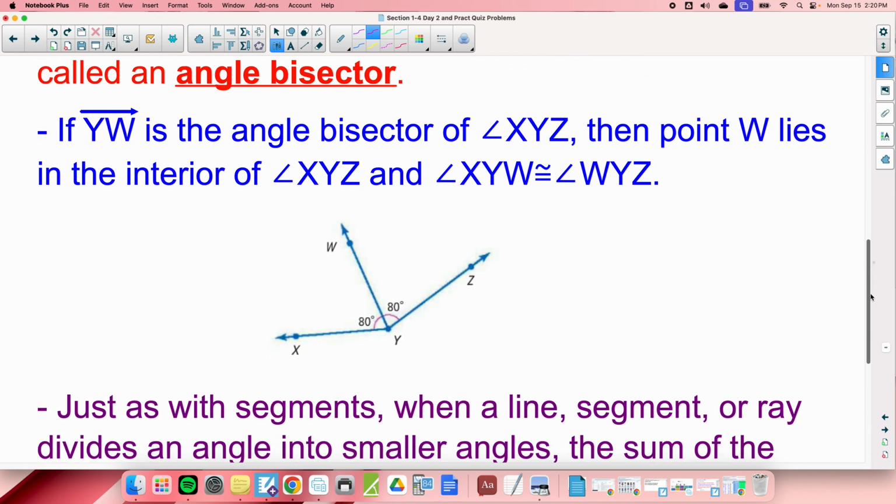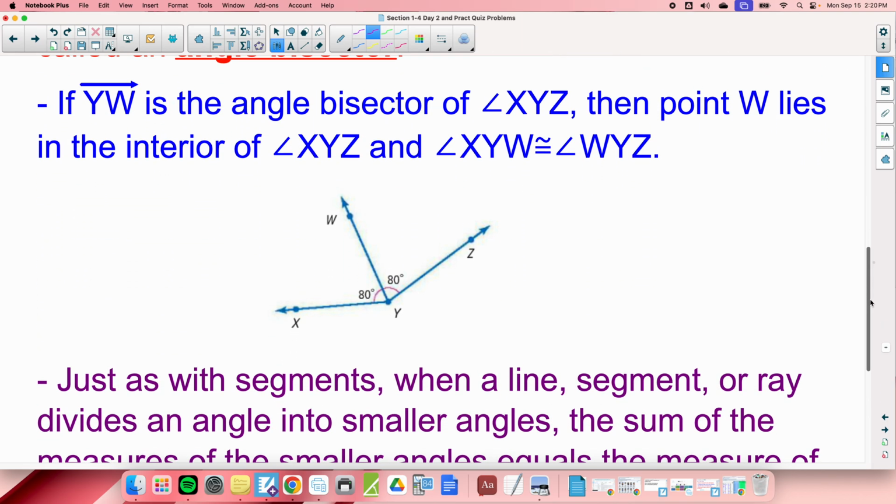Then we also talked, I think on Friday, about something called a bisector. Do you guys remember what bisect means? To split in half. Very good. So if I had an angle like this and I drew a ray that cut that angle in half, that would mean this is congruent to that.